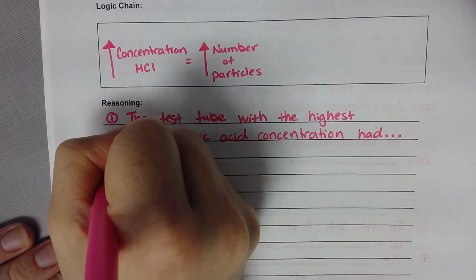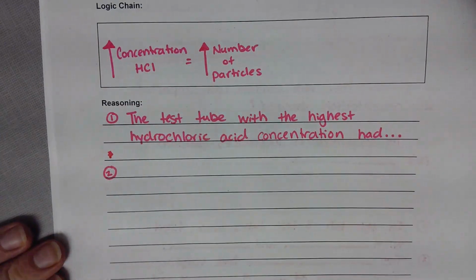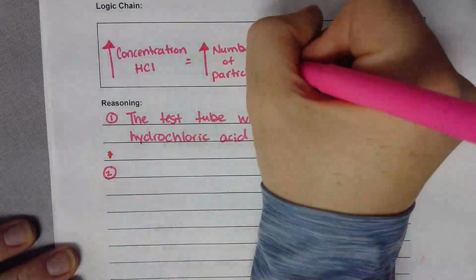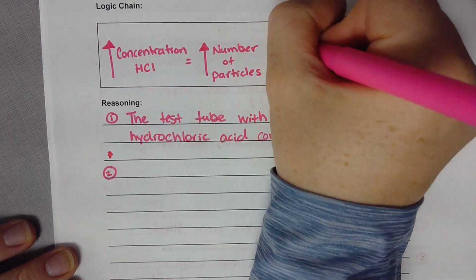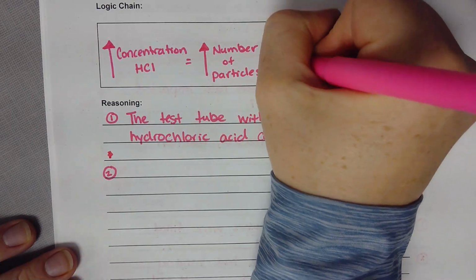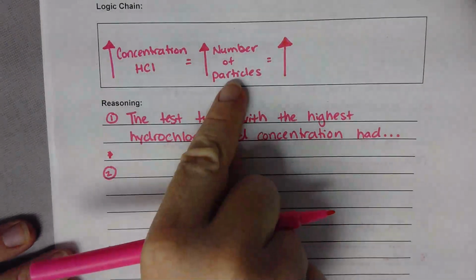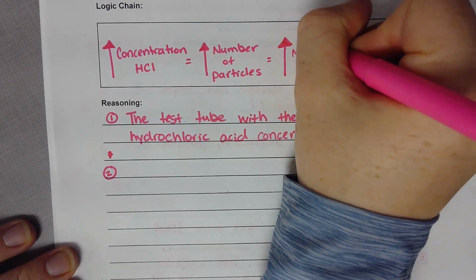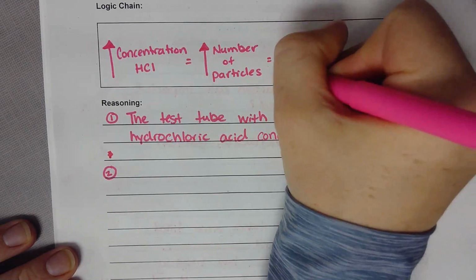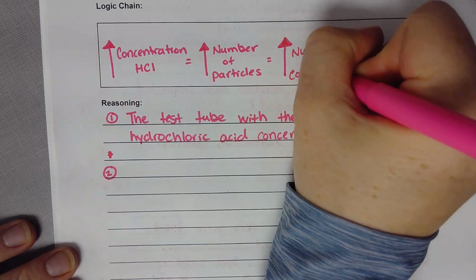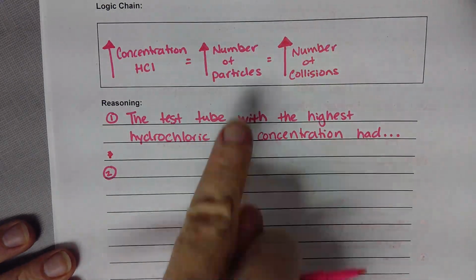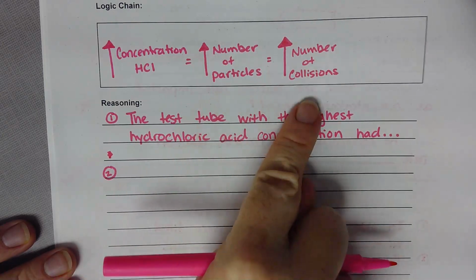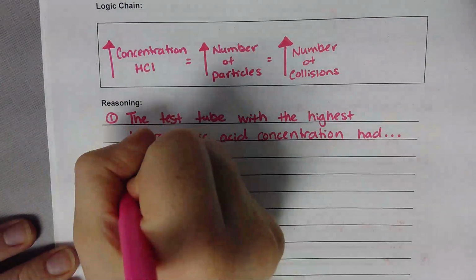We'll leave another line. Now, what the number of particles really changes is the number of collisions. Our analogy here was bumper cars. When you have more bumper cars in the arena, you're going to have more hits. So now we're starting at step 2 of our logic train and tying it to step 3.